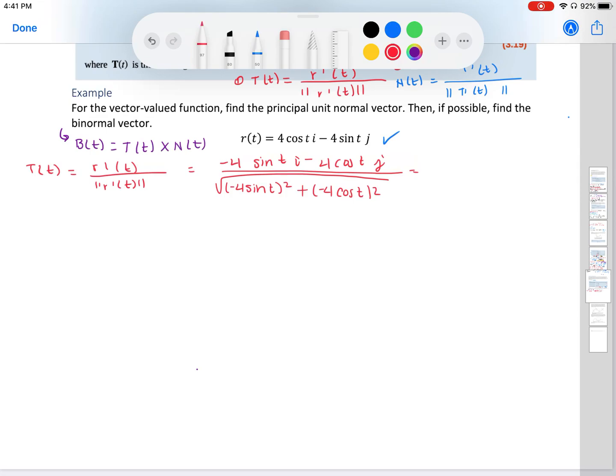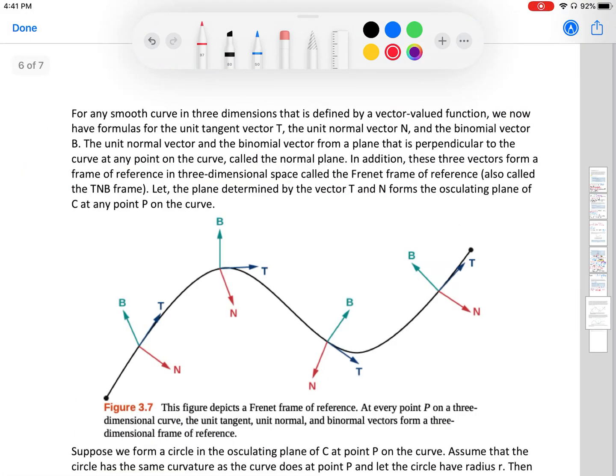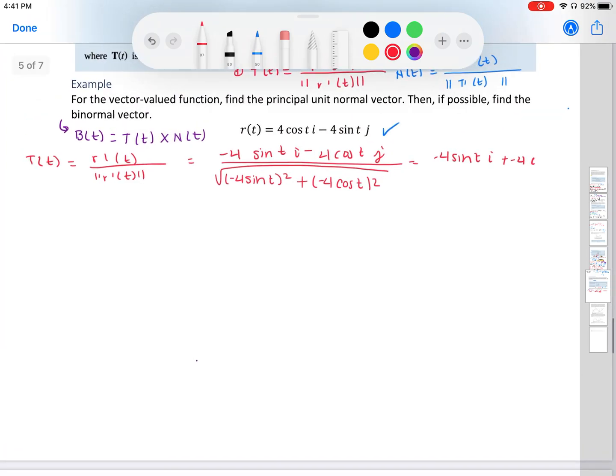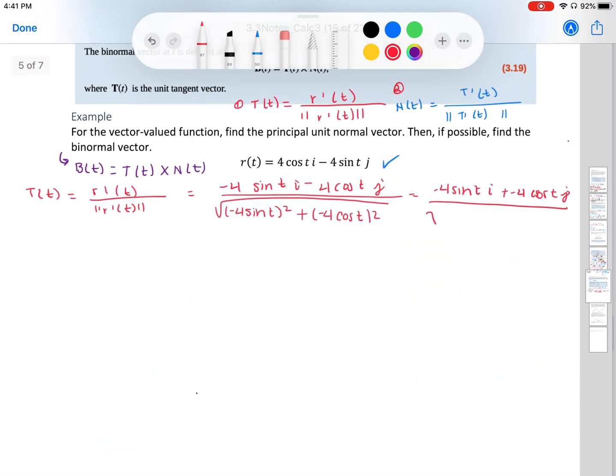And that gives us -4 sine of t i plus -4 cosine of t j, divided by the square root of 16 sine squared of t plus 16 cosine squared of t.